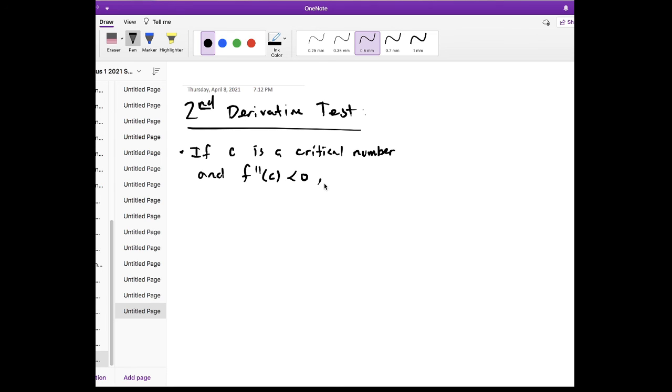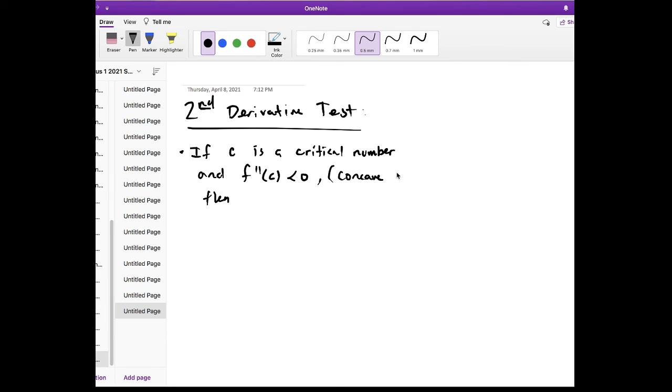First of all, if the second derivative is less than 0, is it concave up or concave down? Let's just remind ourselves. If the second derivative is negative, is it concave up or concave down? It matches the sign, right?